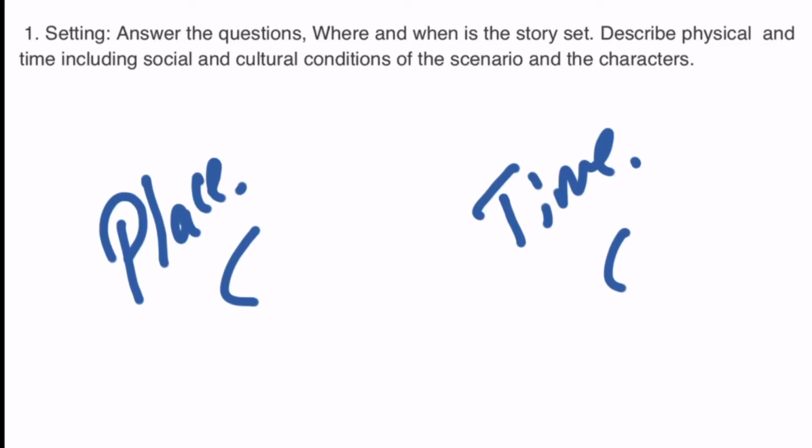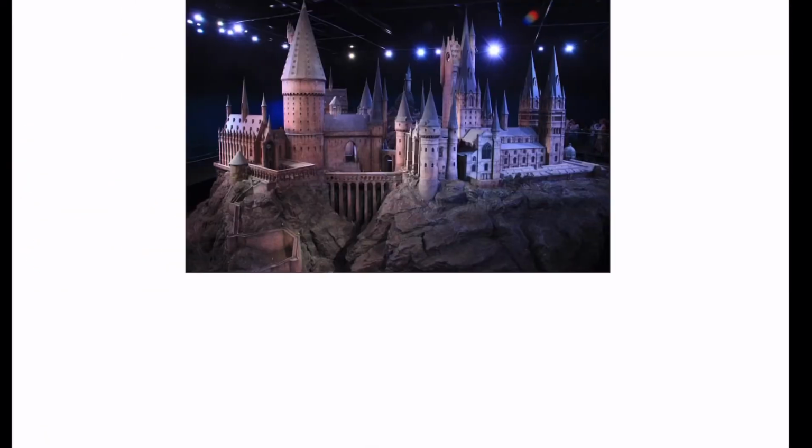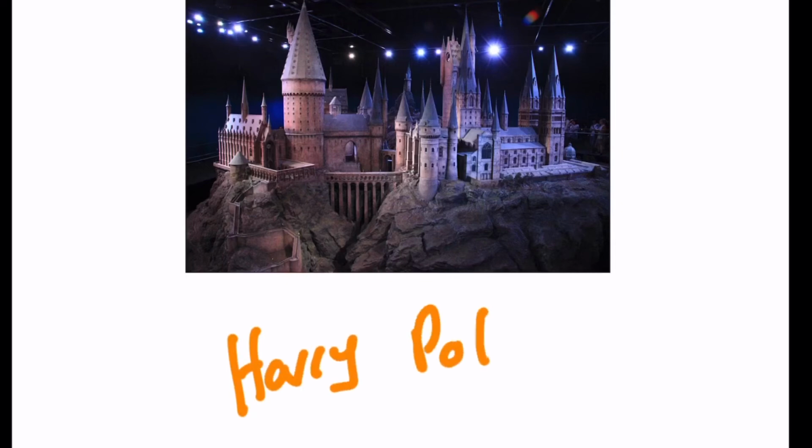So the first example that I will show you is a big castle in a particular place that is shown on the screen, and its name is Hogwarts. Most of you were born in the Harry Potter era, and you recognize this as a very well-known place for the actions and things that happen in the Harry Potter story.